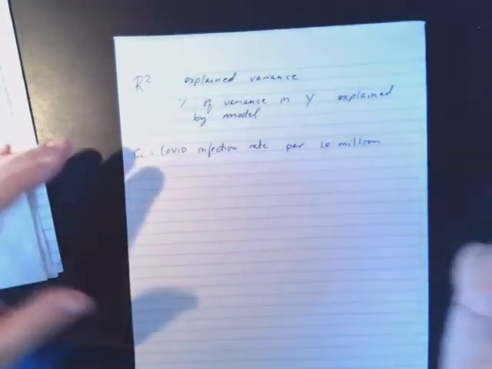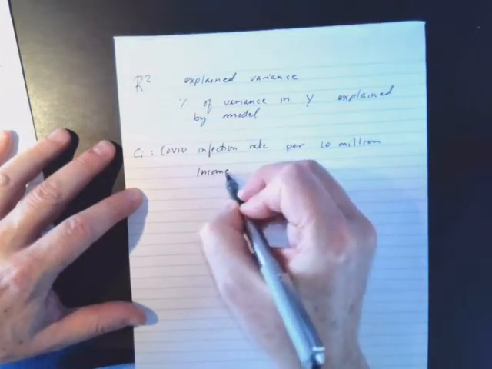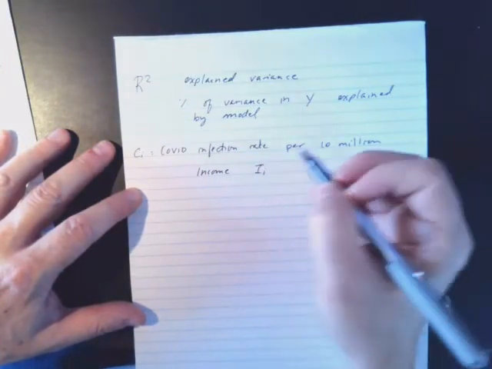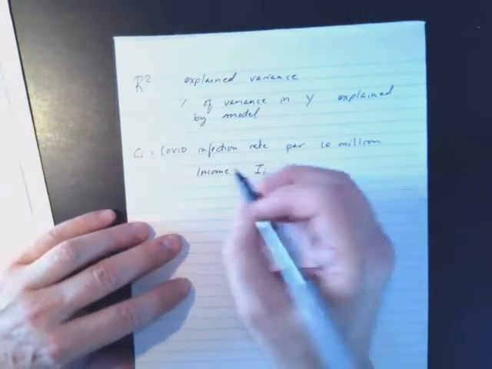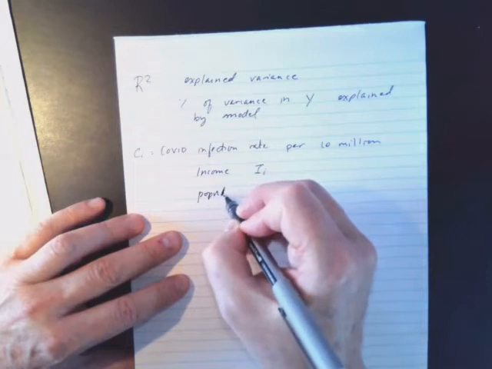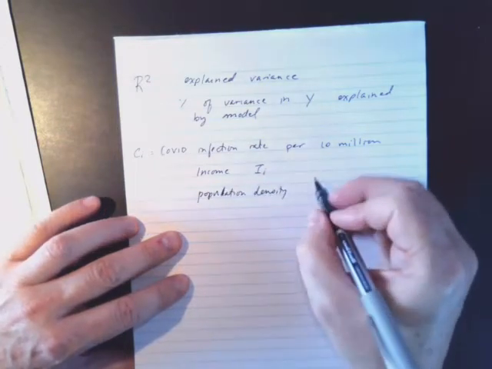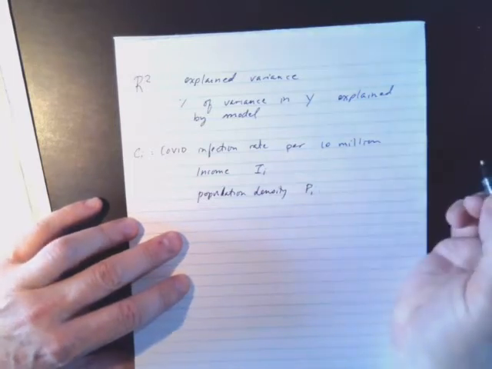It varies quite a bit from one nation to another. So we're going to use income, call that I. We're going to use population density. So we'll call that P.